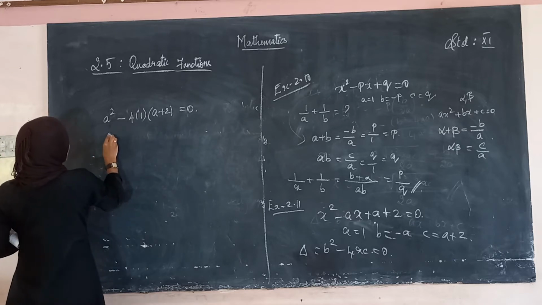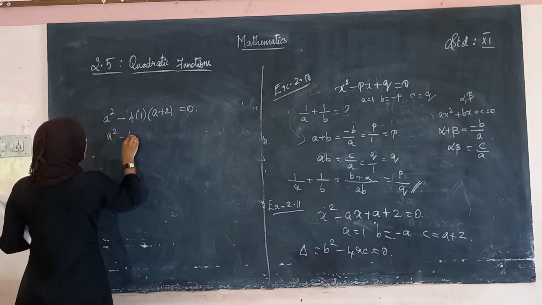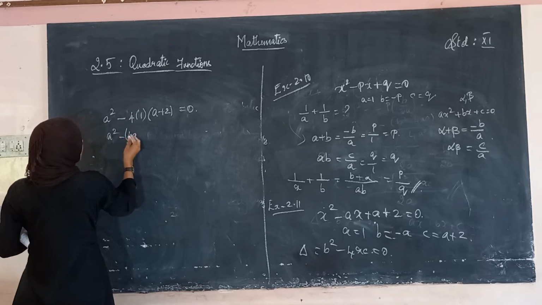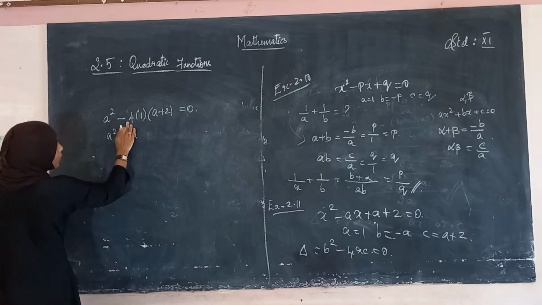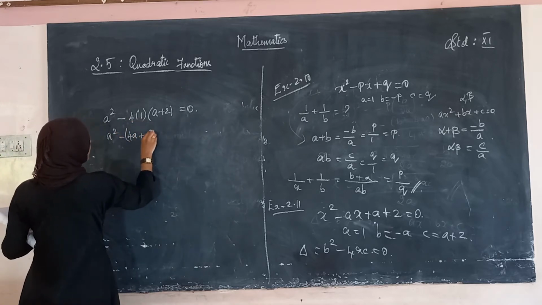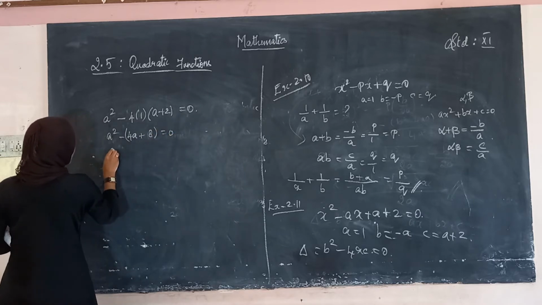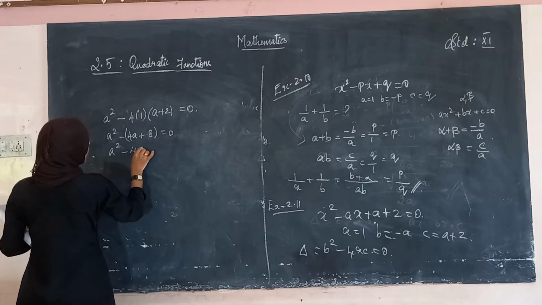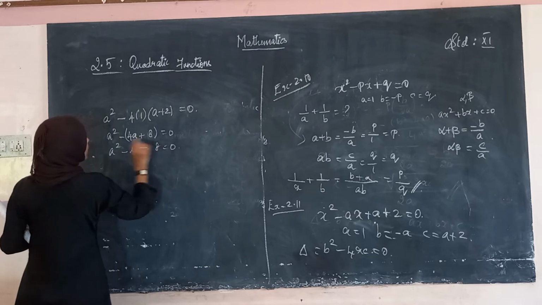Now a squared minus 4a, let it be outside, 4 into a plus 4 into 2 is 8, is equal to 0. a squared minus 4a minus 8 is equal to 0.